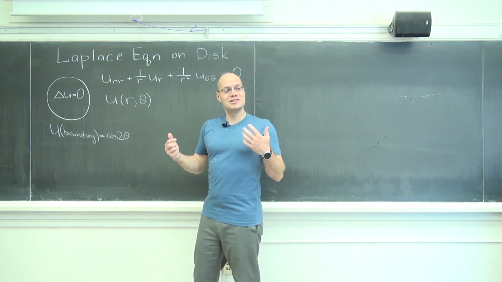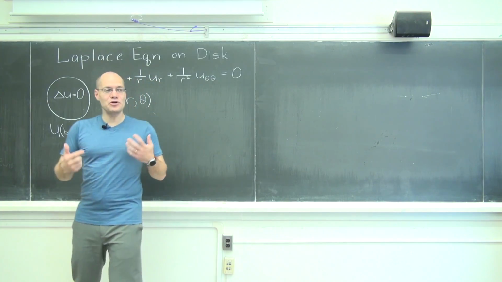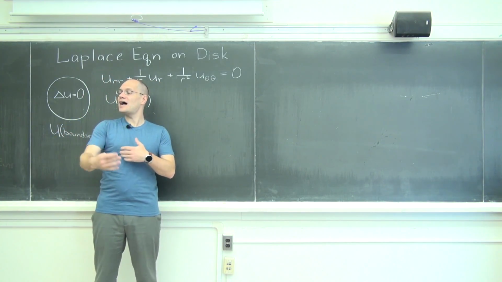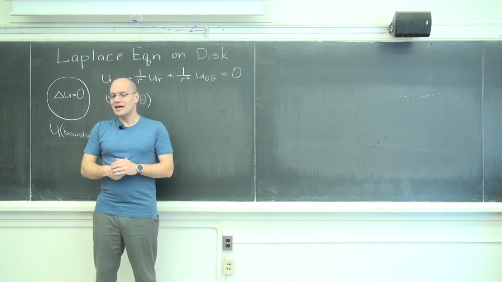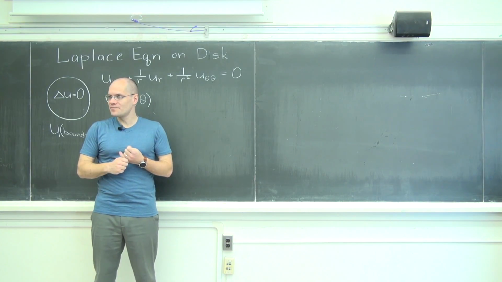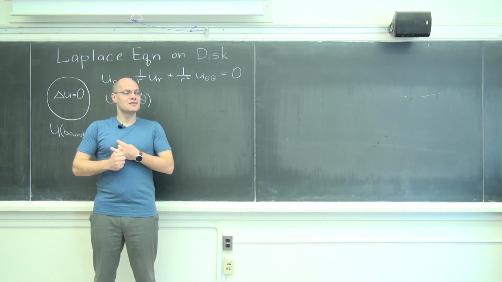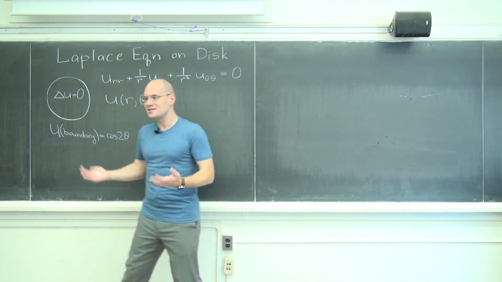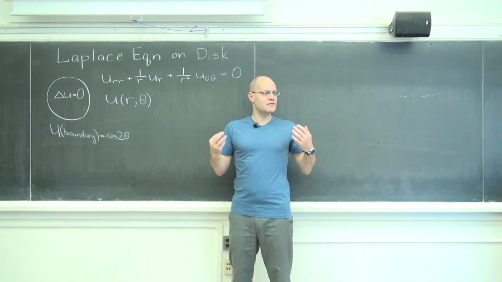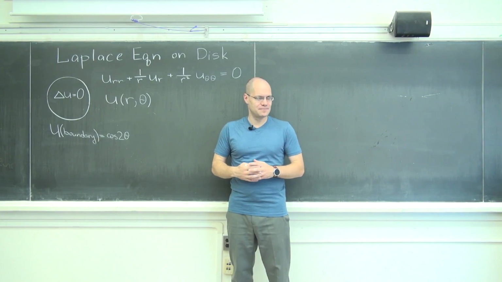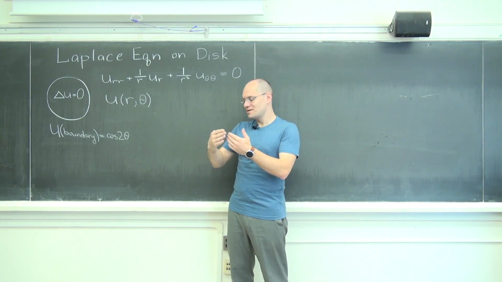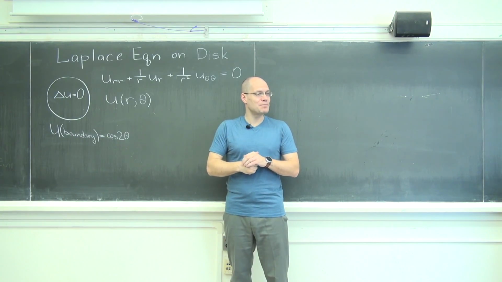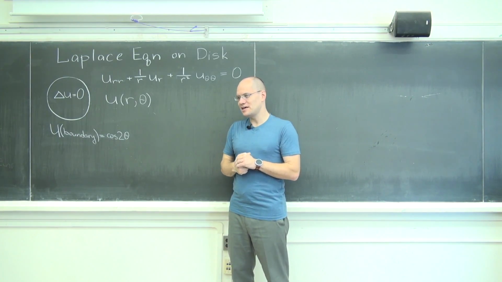So we're going to use the same technique that we used before to separate time from space in the context of the heat equation and the wave equation. And the reason why it was possible, and that reason is still present here, is because there was sufficient symmetry in the problem. In fact, time and space were kind of separate in essence to begin with.